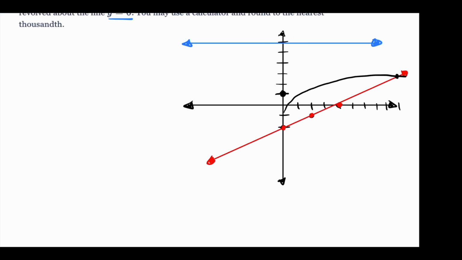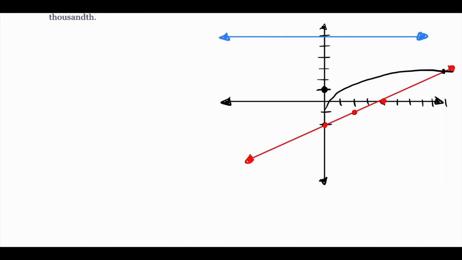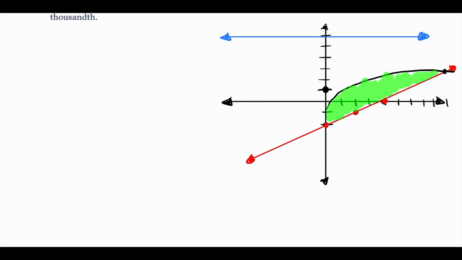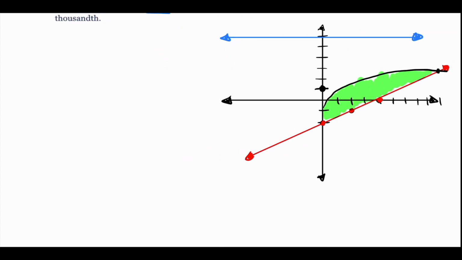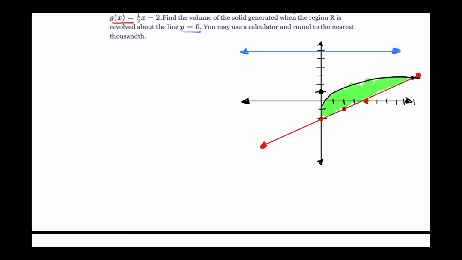Okay, so this is the green stuff here. So let's set it up. We'll find the bounds a little bit later, but for right now, I just want to find big R and little r.